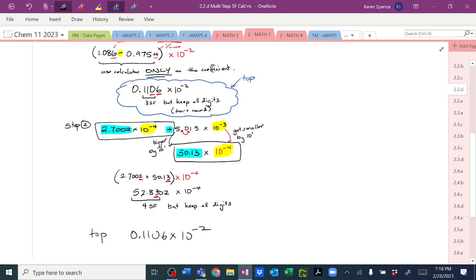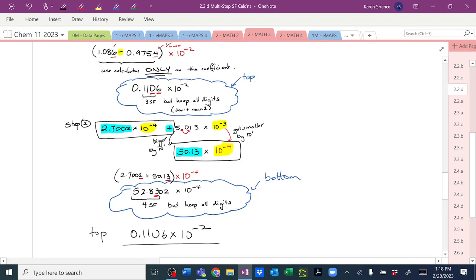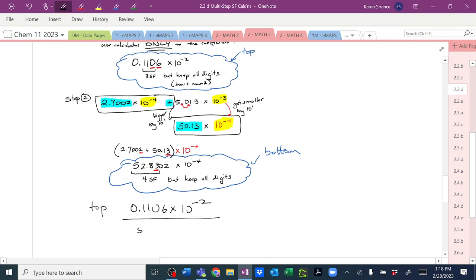And the bottom is this part here. We're going to divide by 52.8302.